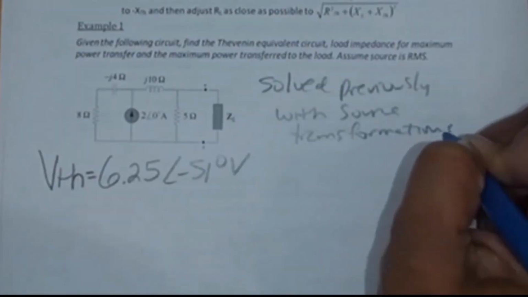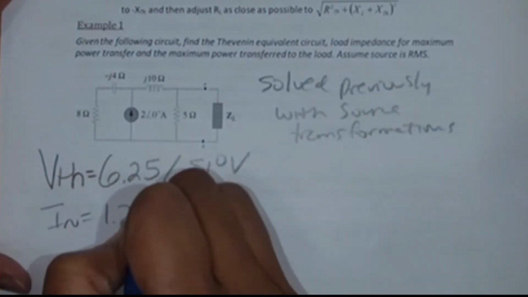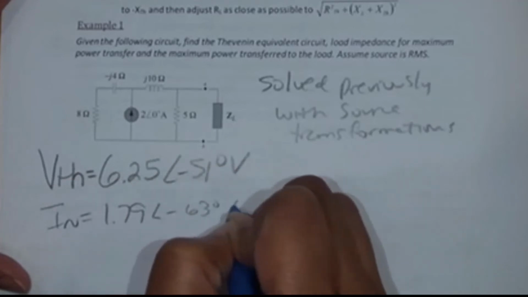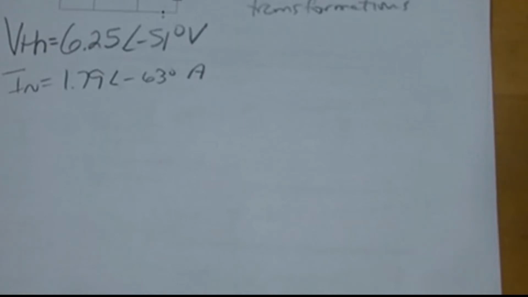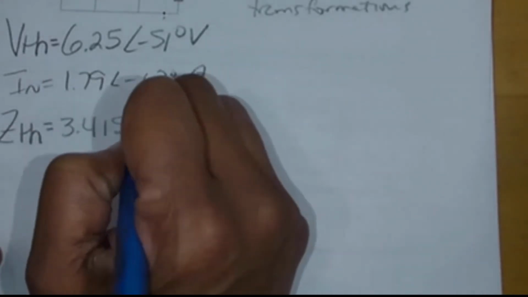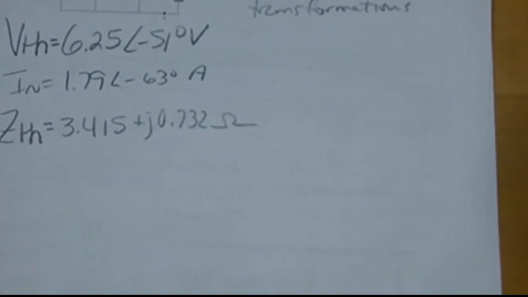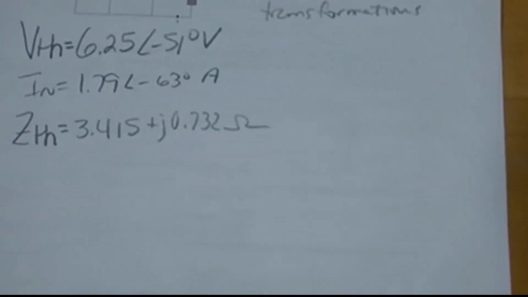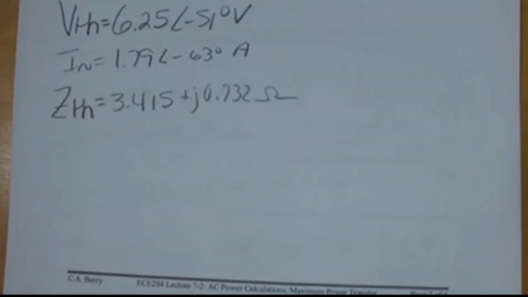And I Norton is 1.79 with an angle of negative 63 degrees. And Z Thevenin is 3.415 plus j0.732 ohms. Okay, so we solved this problem before, and that's what we got for V Thevenin, I Norton, and Z Thevenin.